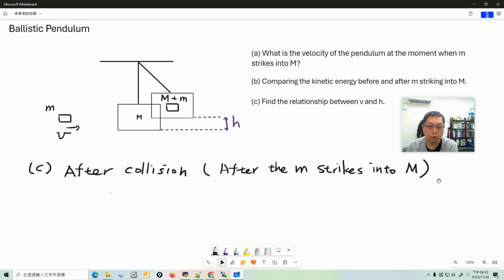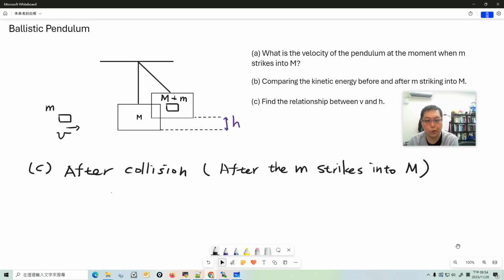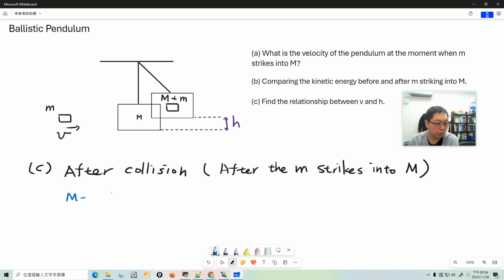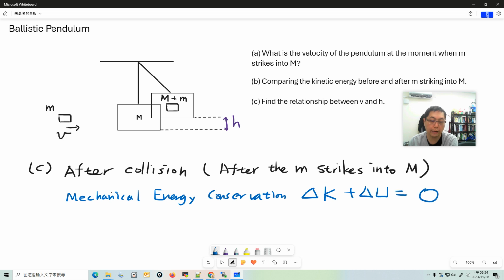There is no friction and no work done by external force, so it's mechanical energy conservation. What's the equation for mechanical energy conservation? Don't forget, delta K plus delta U is equal to 0. That's for mechanical energy conservation.